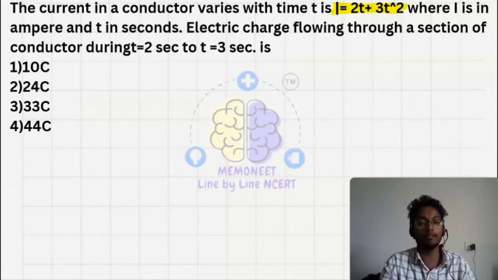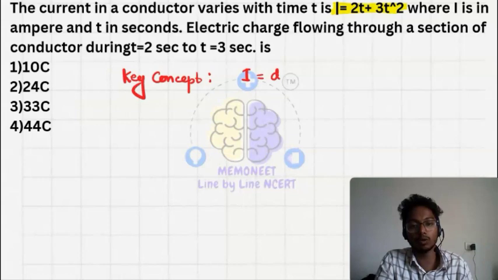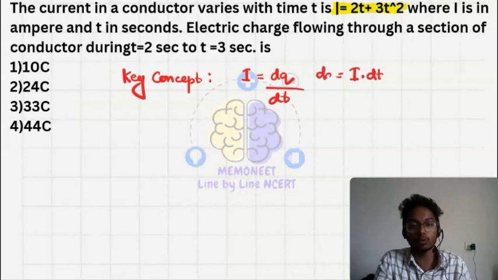Before that, I want to know the key concept of this question. How will we solve it? We know that I equals dq upon dt, that is, current equals dq upon dt. dq is the charge here, so we can write I dt equals dq.